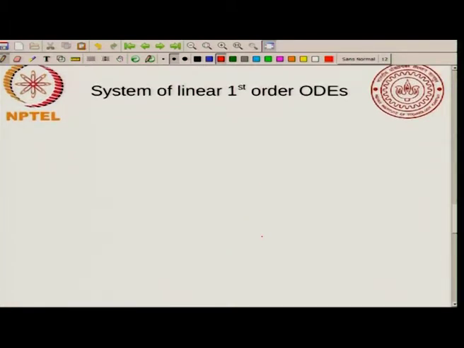So, suppose I had dy1 by dx is equal to a11 times y1 plus a12 times y2 plus, let us say you go all the way up to a1n times yn.